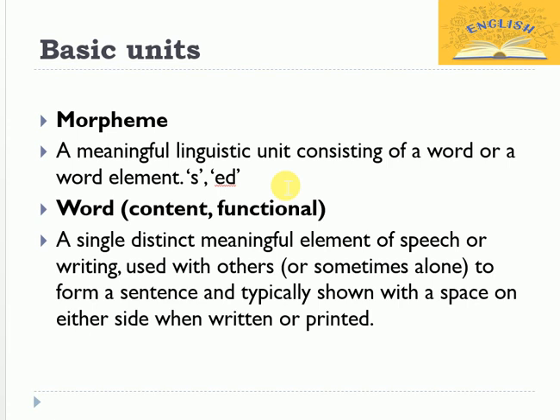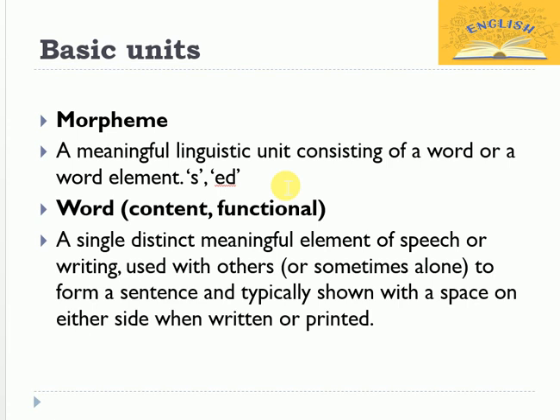For example, there is the morpheme fully, and hope is a word. When we add them together, we get another word, hopefully, which consists of two morphemes.